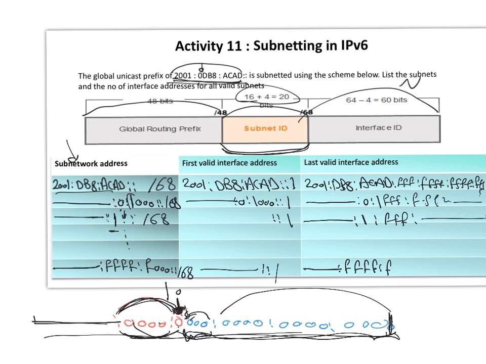And then the interface ID is also all Fs, which is F, colon F, colon F, colon F. All Fs. Okay? So for each of these subnets, we have 2 to the power 60 addresses minus 1. And this one is only the A for the subnetwork address. So subnetting is easy. It's only to take the subnet ID part, incremented by 1 every time. That's it. Okay? Any questions?